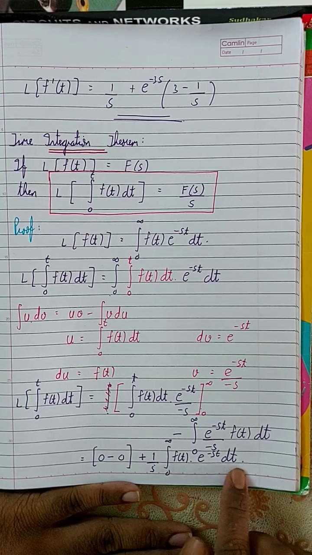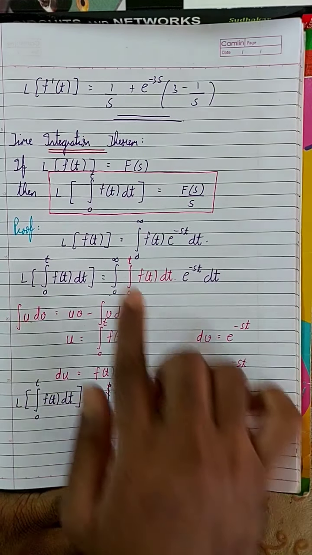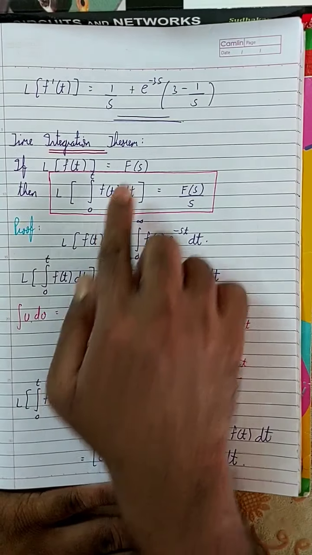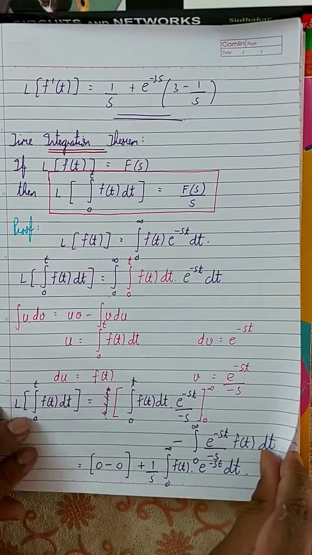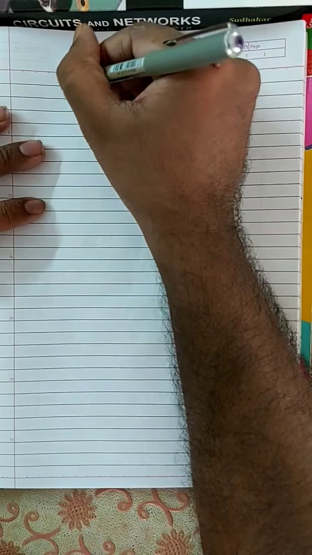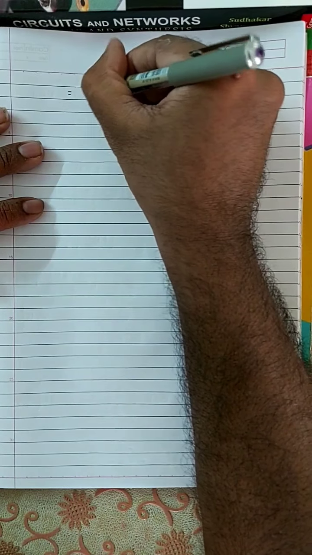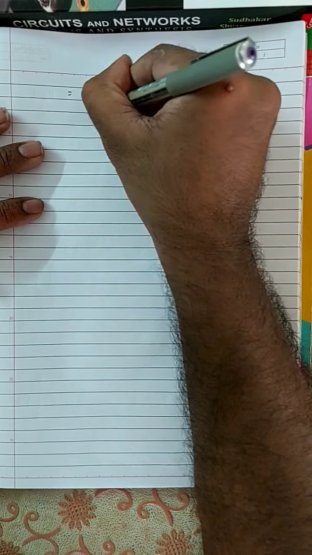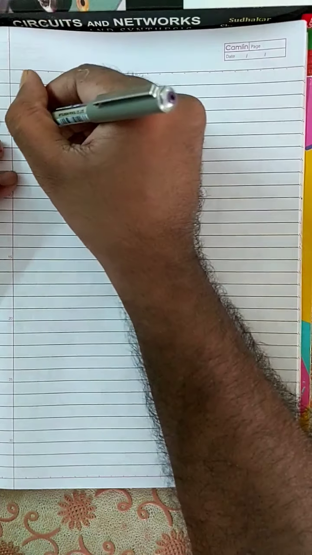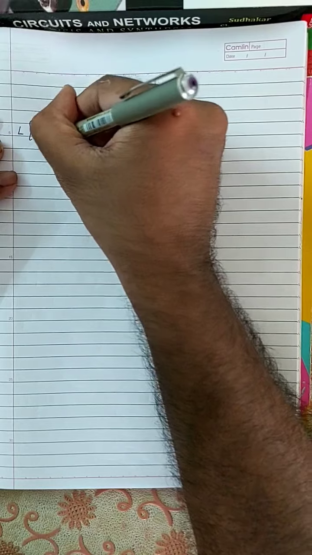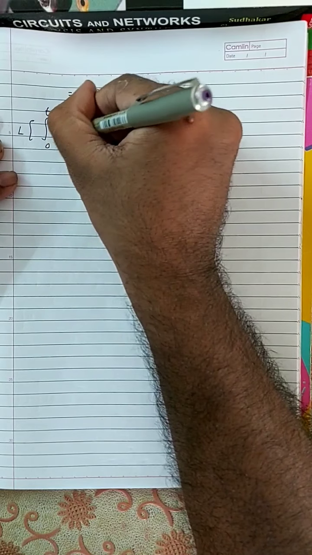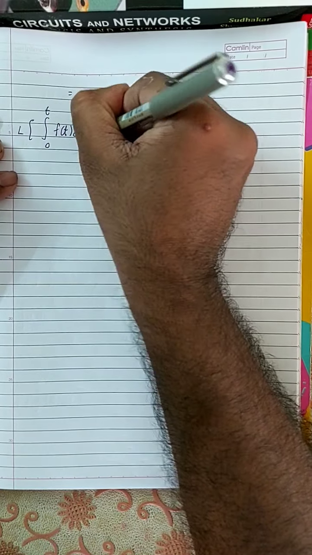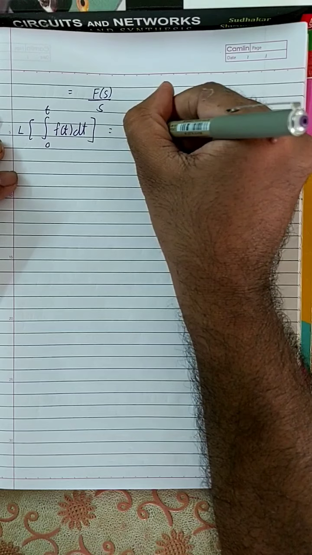This whole thing is nothing but F of s. So therefore you will get 0 plus 1 by s into F of s, or this is equal to F of s by s. Therefore the Laplace transform of integral from 0 to t f of t dt is nothing but F of s by s.